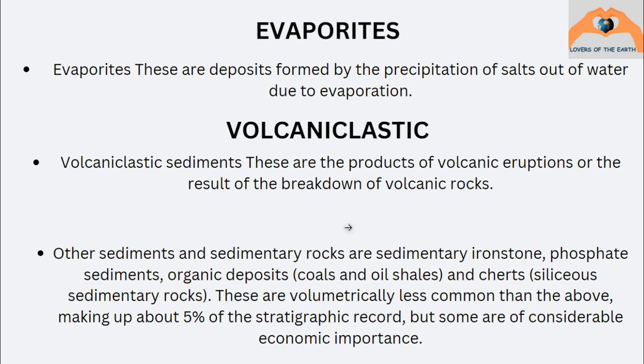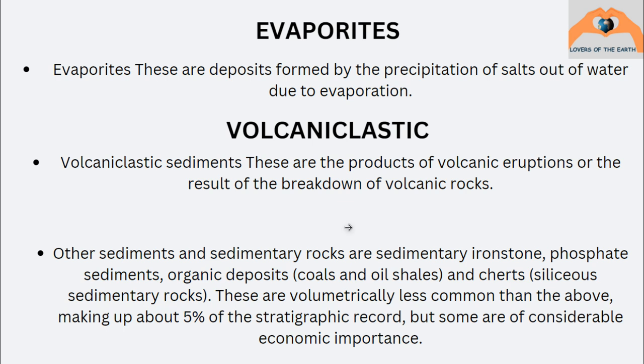And there are other sedimentary rocks also, like ironstone, phosphate sediments, organic deposits like coal, shale, chert, but ये सब बहुत ही common नहीं होते हैं. They are very less common, and so they make up only about 5% of the stratigraphic record. So ये बहुत ही कम है.